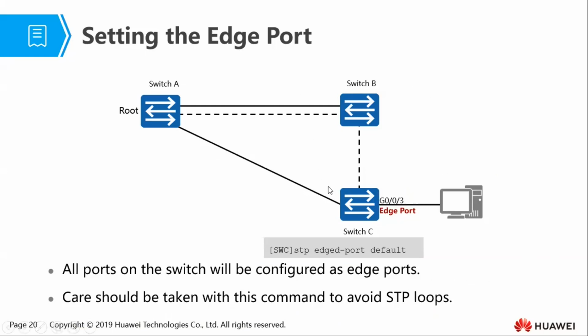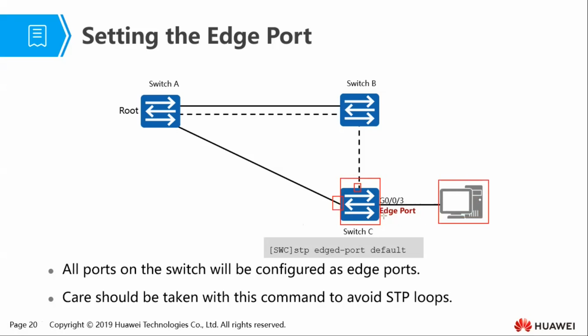So for example, if this is an access switch, and it's a 24-port switch, so maybe you're just using 2 ports to interconnect to switches, but the remaining 22 ports are used to connect to the end devices.